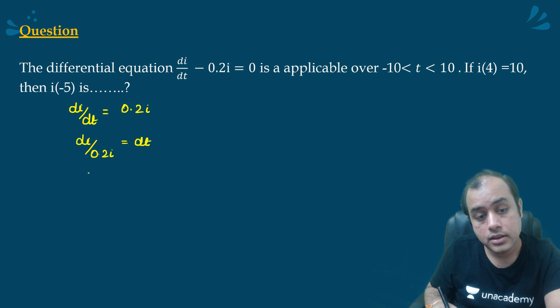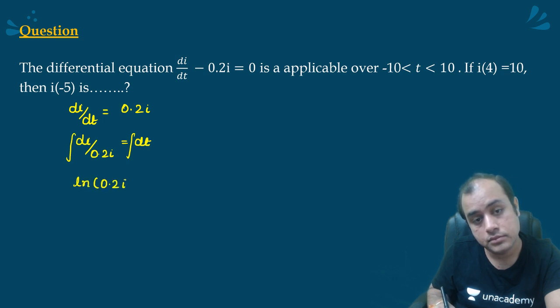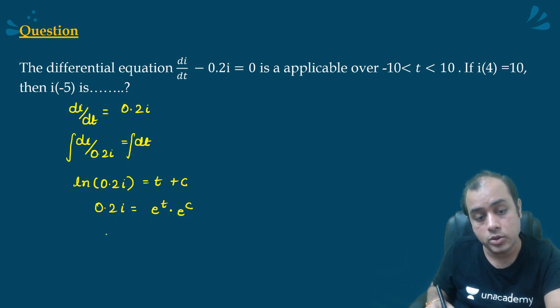Okay. So what we will do is we will integrate both sides. So 0.2i is e to the power t, times e to the power c.